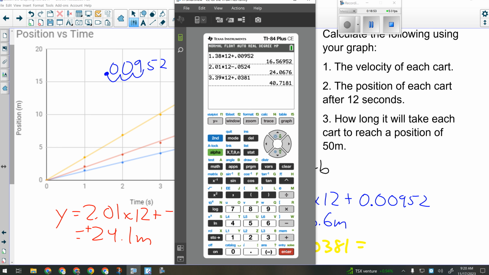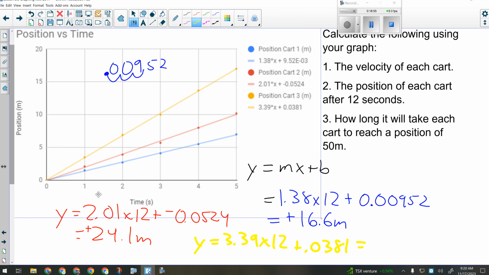All right, so we're looking at 40.7 meters. And that would also be a positive position. Okay, everybody all right with number 2? Okay. How many people have done number 3? Okay, let's have a look at number 3 then.